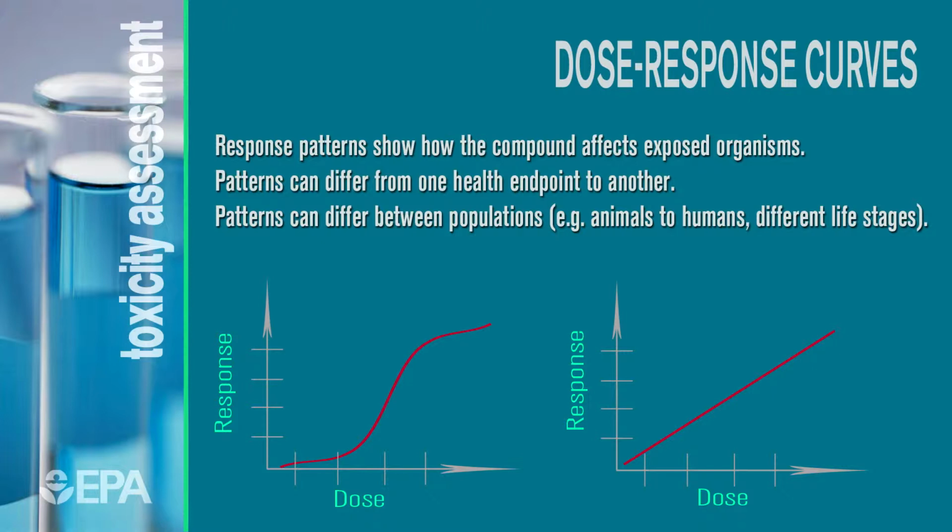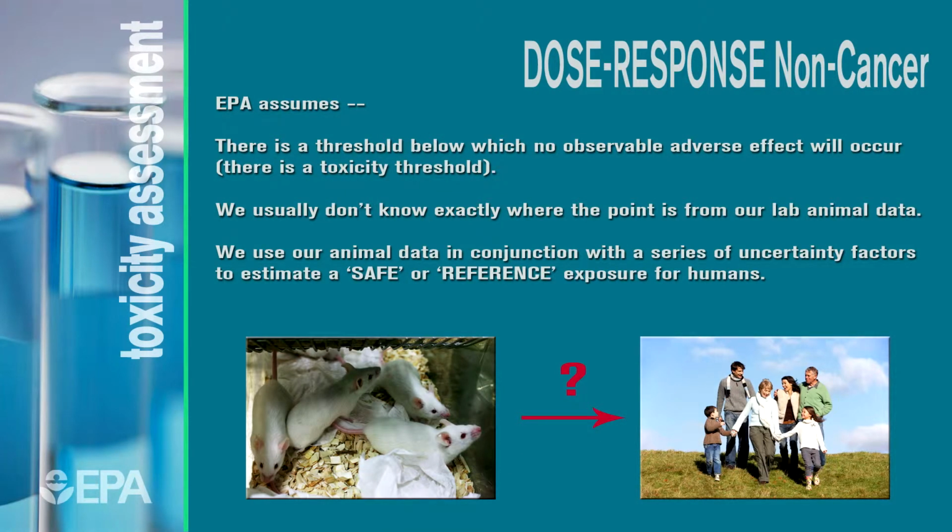And in both of these examples, we're talking about dose response curves for mice being exposed to very high amounts of a chemical. As it turns out, our lab experiments on animals, also called animal models, only approximate what may be happening in humans. In the following slides, we're going to look at some of the methods the agency has developed to use animal data to estimate potential effects in humans.